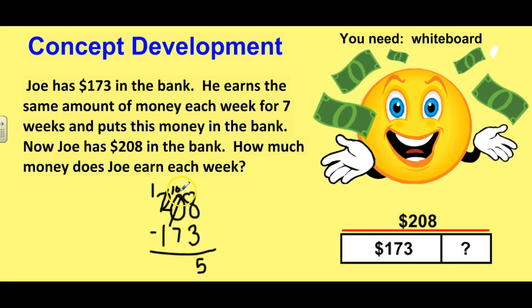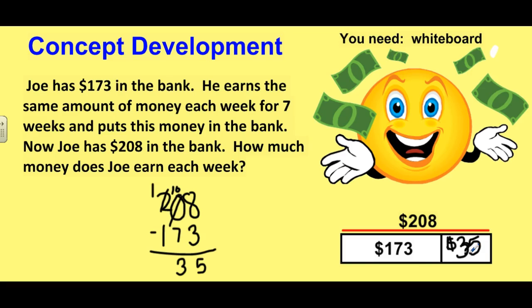So now I can take 10 minus 7, which is 3, and then 1 minus 1 is 0, but I don't have to put a 0 there. So that tells me right here that my question mark is actually going to be $35. So $35 is going to tell me how much money he earned in all for the 7 weeks.